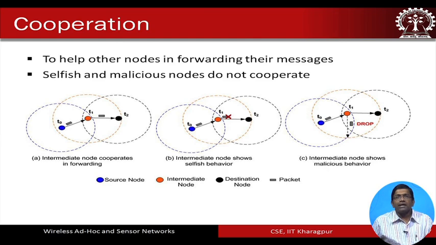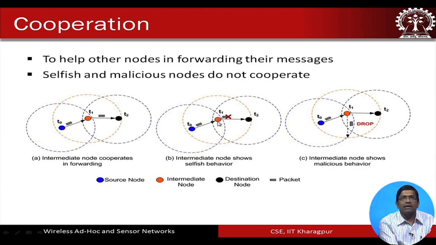Here we see three figures. On the left hand side, we see the scenario where an intermediate node basically cooperates with the sender in forwarding the message that it has sent to the intended destination node. This is a case of proper cooperation. In this particular case, the message is not forwarded.